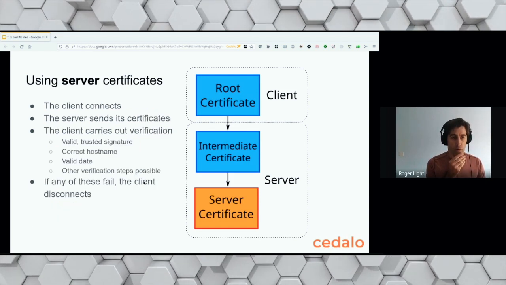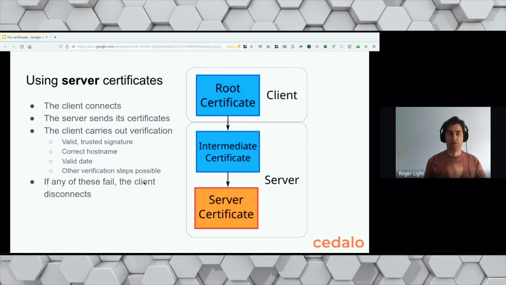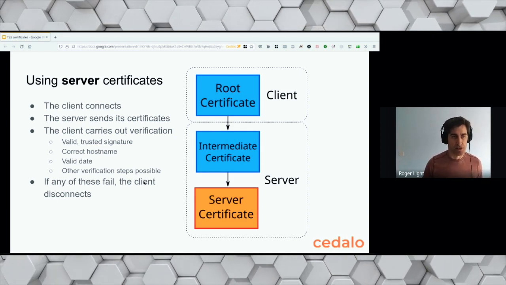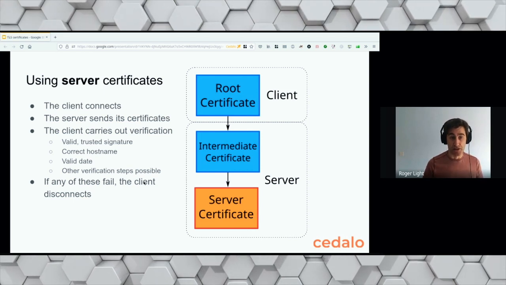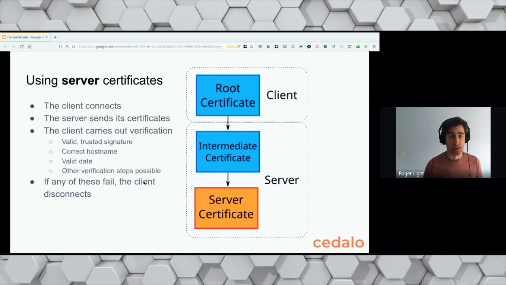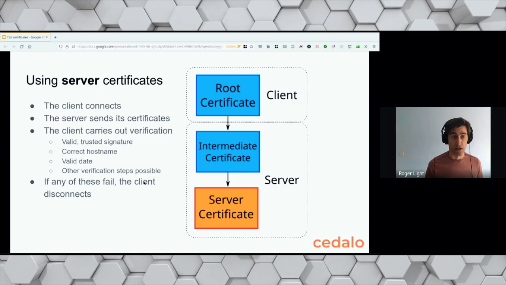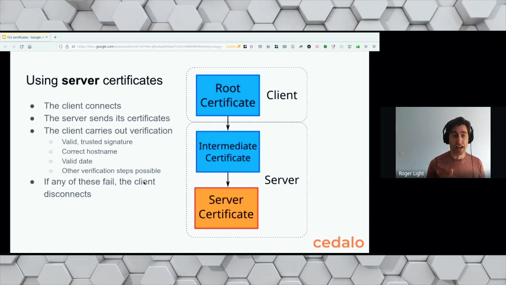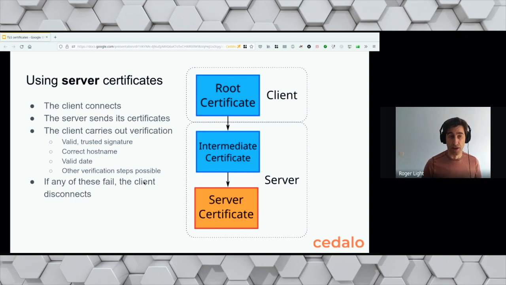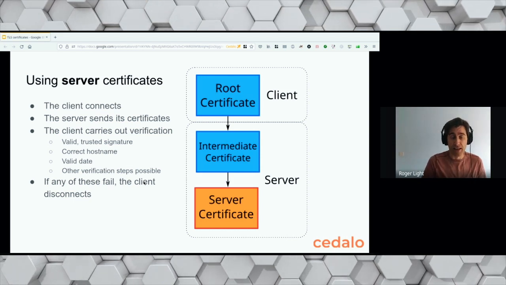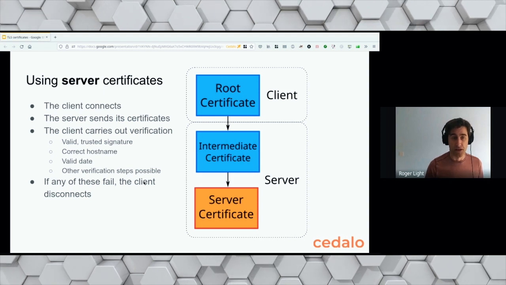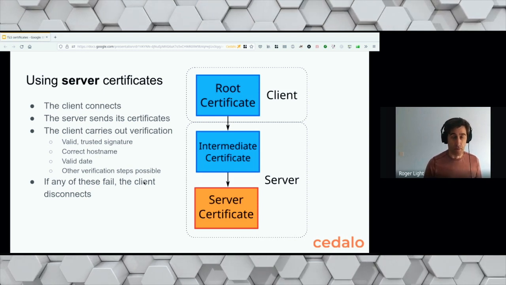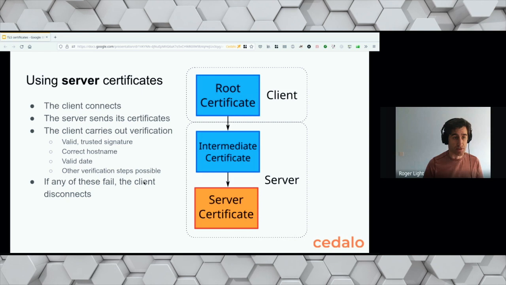Then when we want to connect, very crudely, the client connects and the server sends its certificates. In this case, the server certificate and the intermediate certificate are sent to the client. The client builds that chain and then carries out its verification. So is there a valid and trusted signature on each of these different certificates that I've been given that matches my root CA certificate?